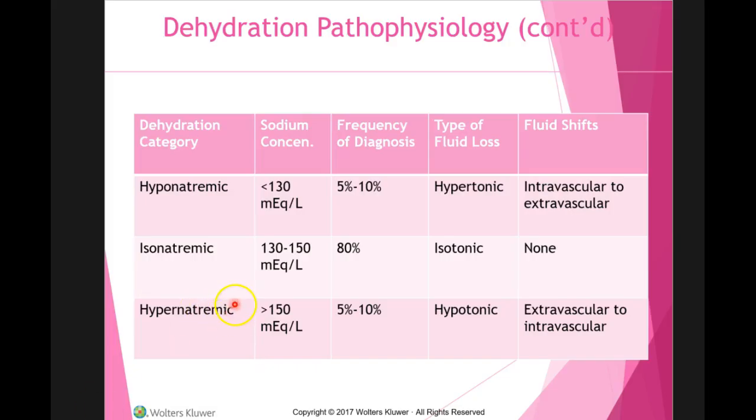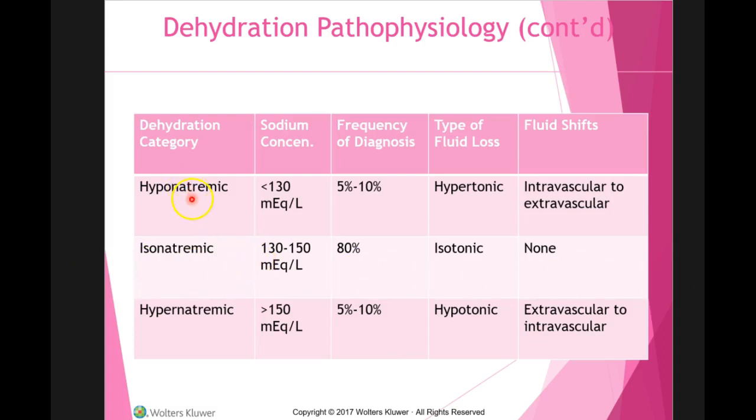This chart is directly from your book, and it talks about the different types of dehydration. The most common is isonatremic, and that's where there's no shift in or out. It's just that they need more fluid. So this is the person that you're rehydrating with normal saline or lactated Ringer's.